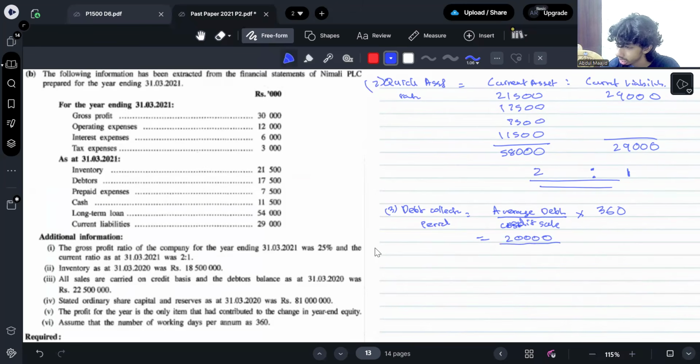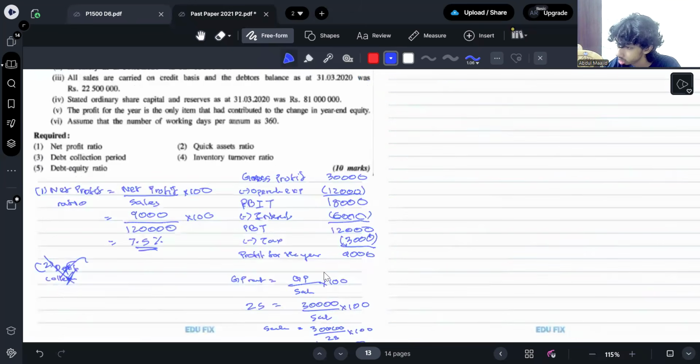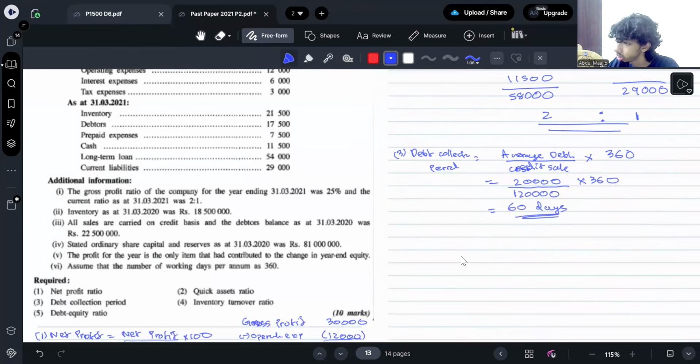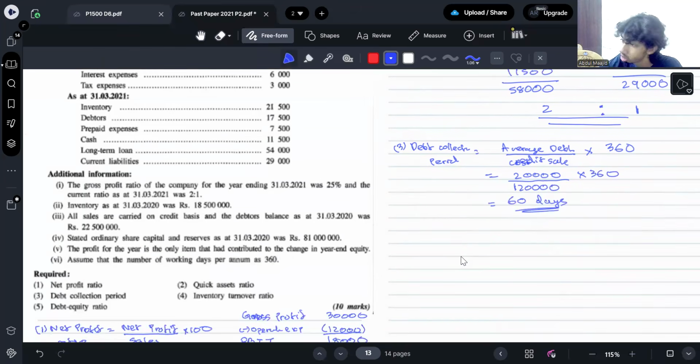All the sales are carried on credit basis. Now we found our sales here as 120,000. 120,000 into 360. Debtors collection period will be 60 days. That means on average, it normally takes you around 60 days to get the cash back from your debtor.